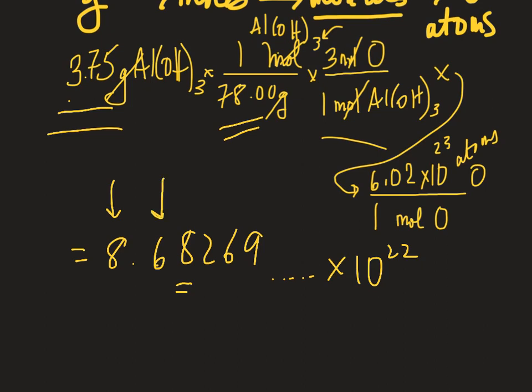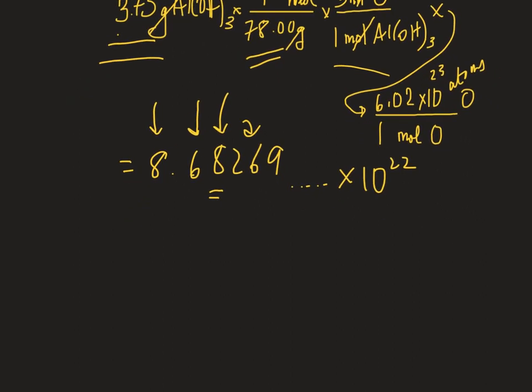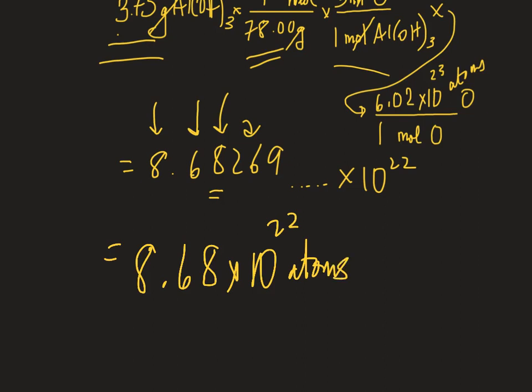My second is a 6, my third is an 8, and I realize that this is going to be rounded. After my 8 is a 2, so of course my 8 does not get rounded up to a 9. My final answer will be 8.68 times 10 to the 22nd atoms of oxygen in my sample.